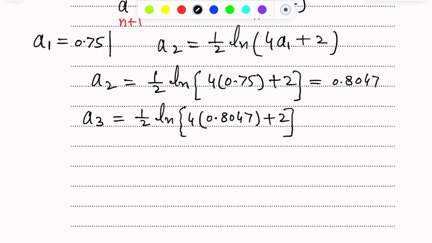After calculating, we get A3 correct to 4 decimal places, 0.8261. This is the third iteration.